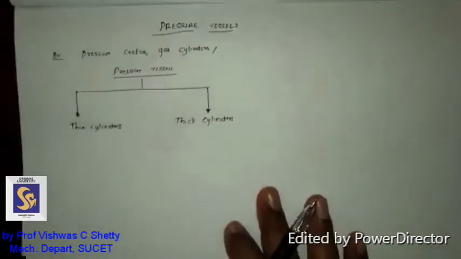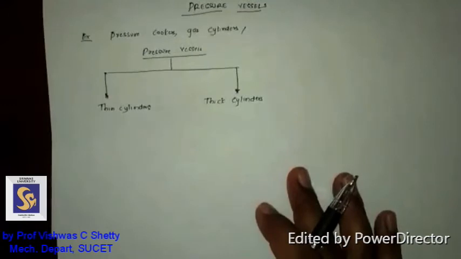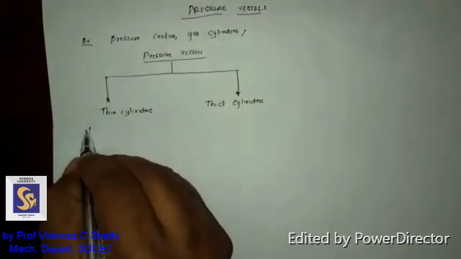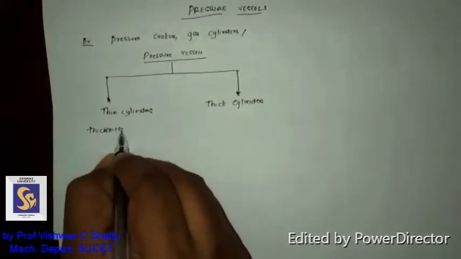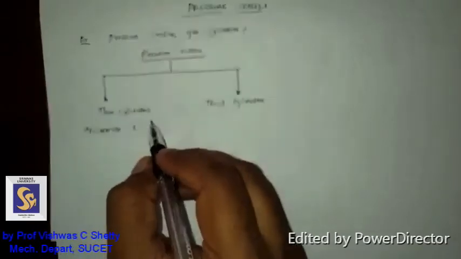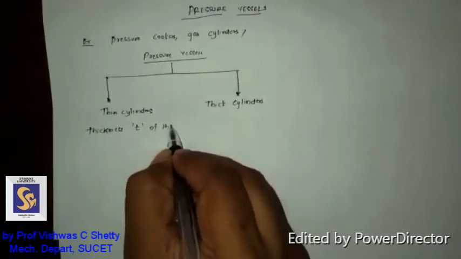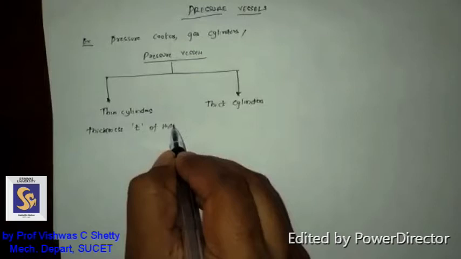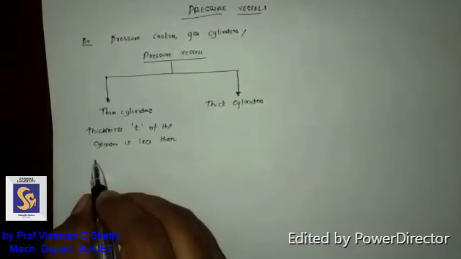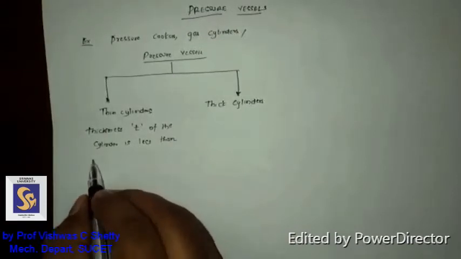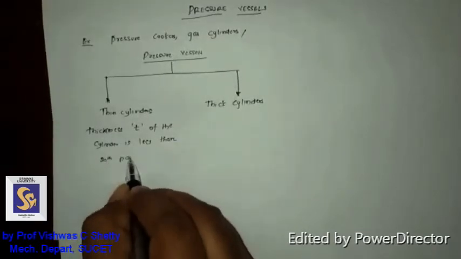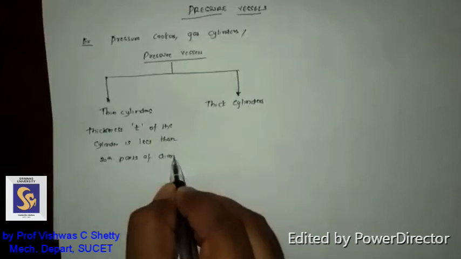So what are thin and thick cylinders? Thin cylinders are those cylinders in which the thickness, if you consider a small t as the thickness of the cylinder, is less than the 20th part of the diameter d.